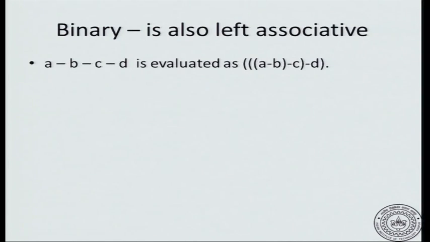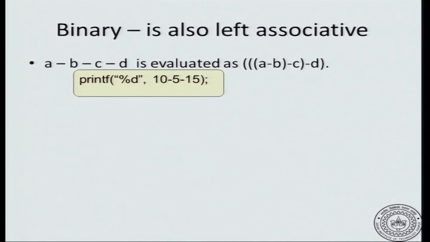For example, a minus b minus c minus d is evaluated as a minus b, then minus c, then minus d. So if you say 10 minus 5 minus 15, what will be done is 10 minus 5 and then minus 15. This is 5 minus 15, which is minus 10.